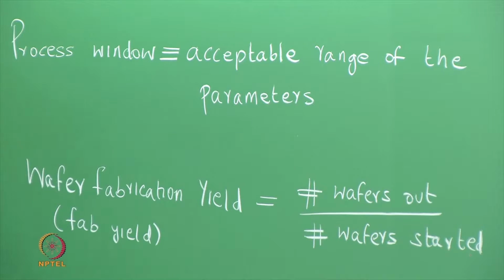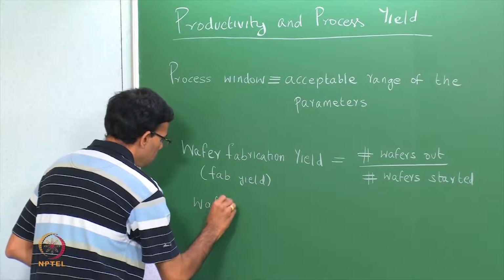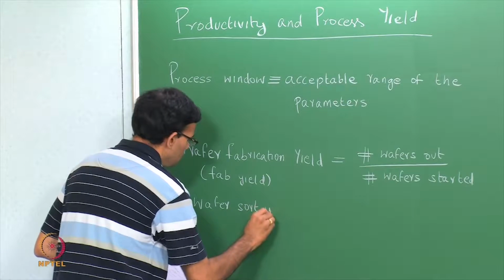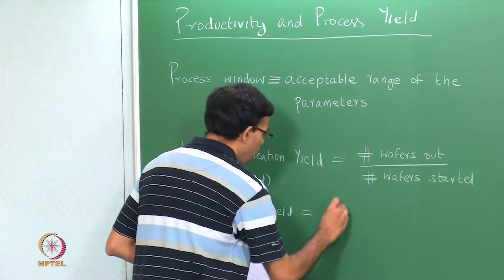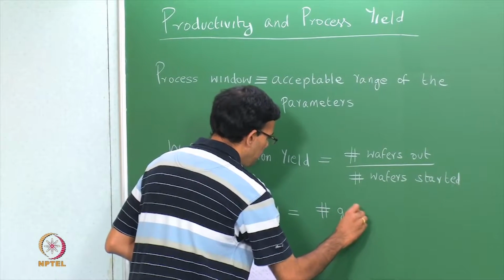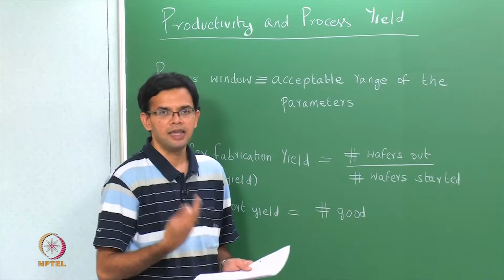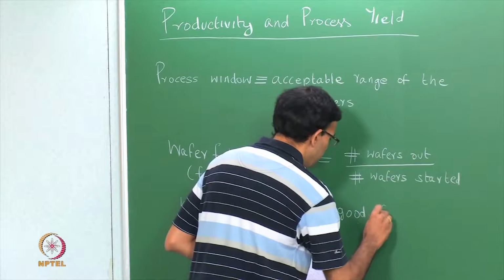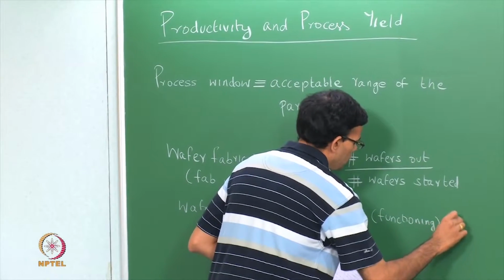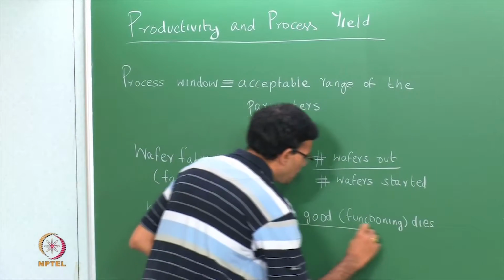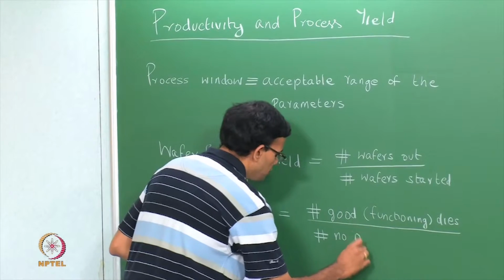We can also define something called a sort yield or a wafer sort yield, which is the number of good dies in a given wafer. When I say good die, it is essentially a functioning die. So, it passes the electrical testing. So, the number of good dies, the number of functioning dies divided by the total number of dies in the wafer.